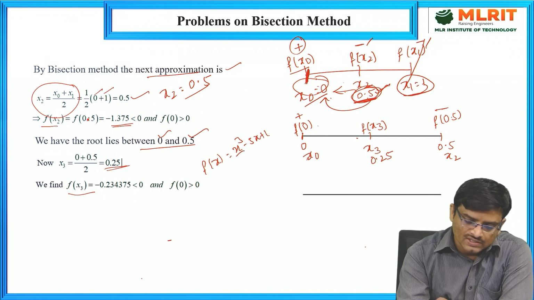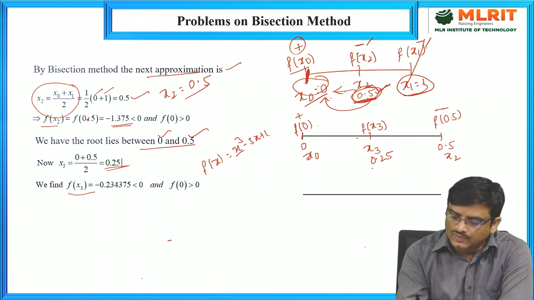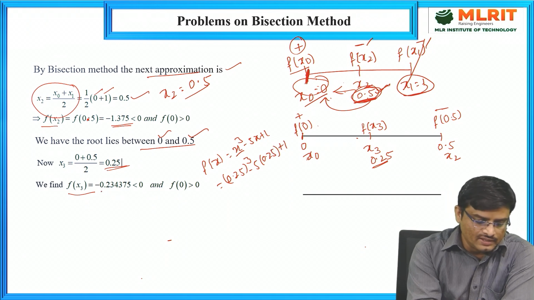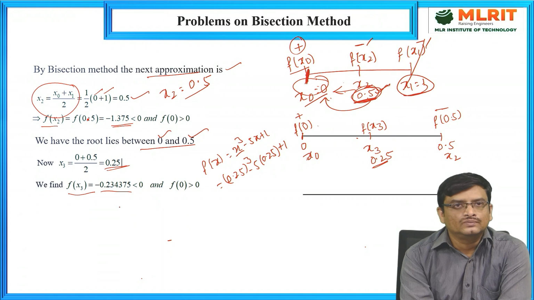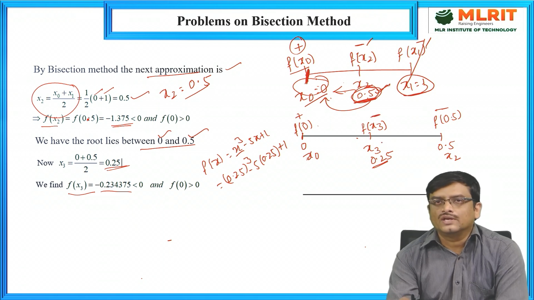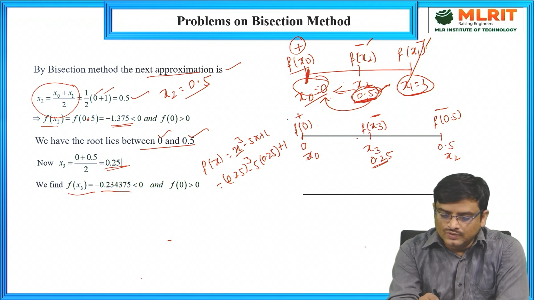So in this you substitute x is equal to 0.25. So you will get 0.25 whole cube minus 5 into 0.25 plus 1. If you calculate this, you will get this value with a negative sign. So you represent that negative sign here. Now you observe only this figure.